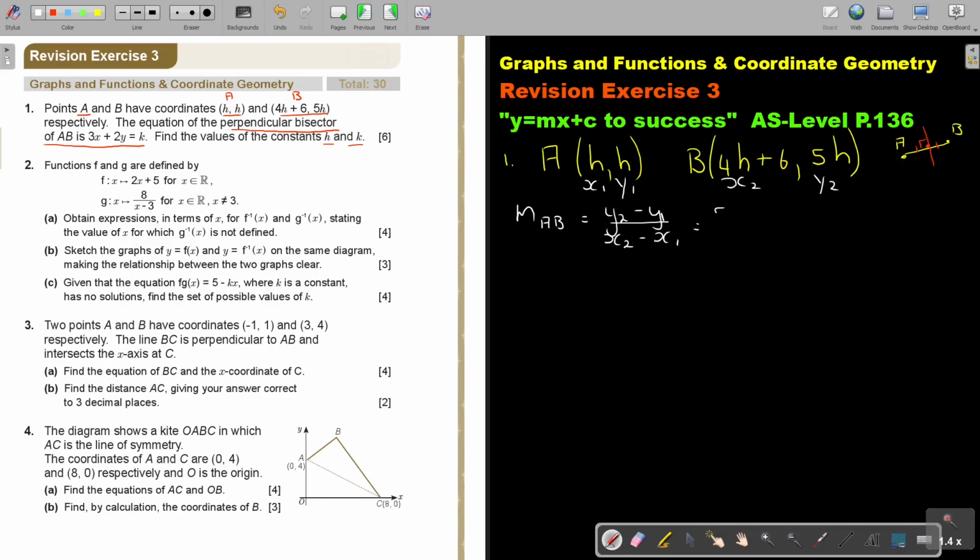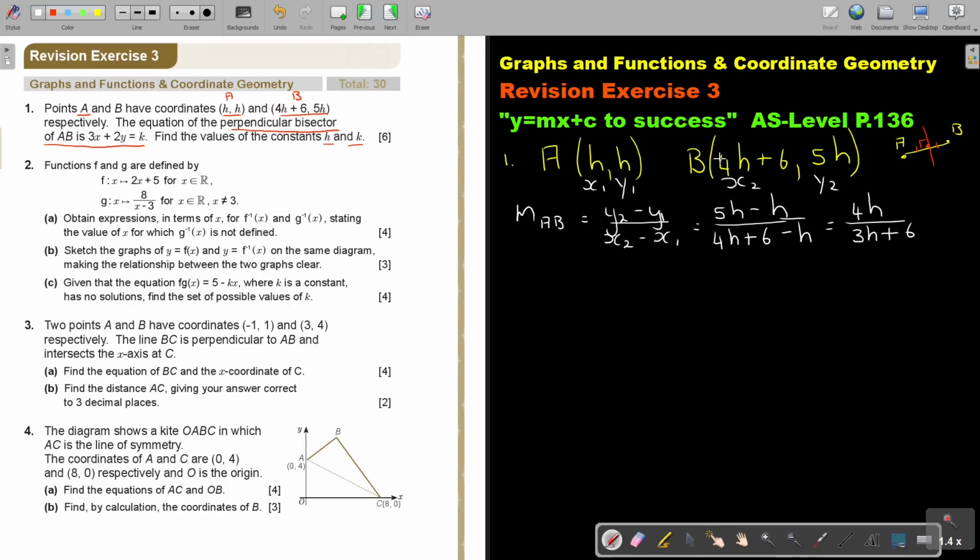That's 5h minus h over 4h plus 6 minus h. Now 5h minus h is 4h, like terms, and 4h minus h is 3h, plus 6. That's in terms of h. So I now have the gradient of this line.